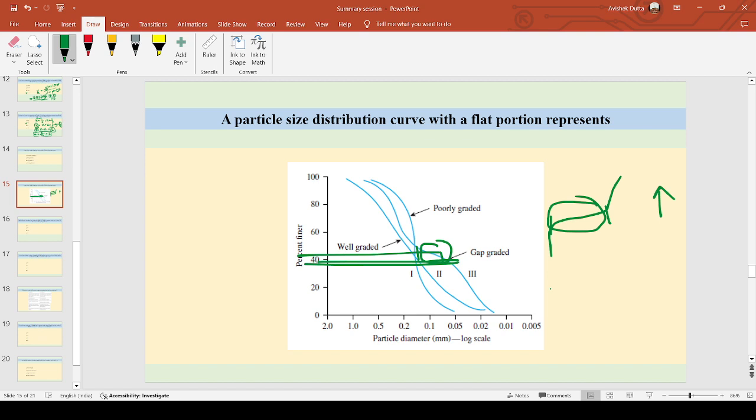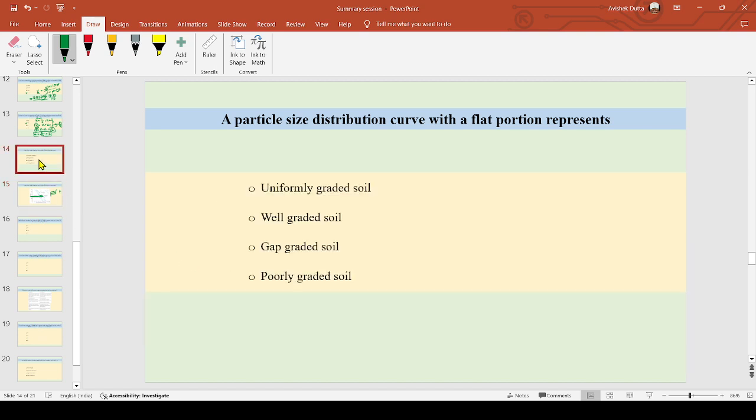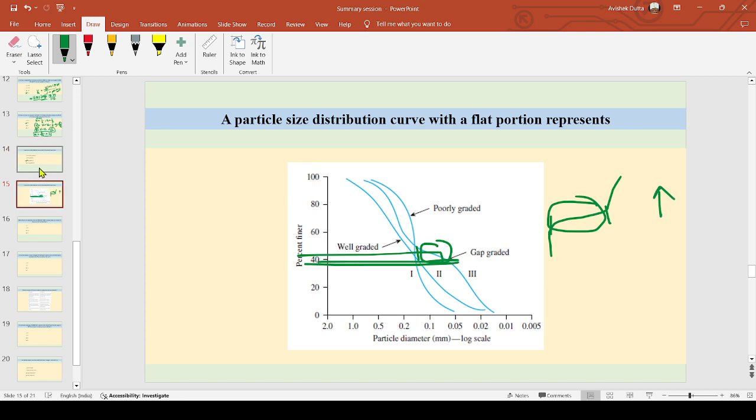What is the meaning of poorly graded soil? Same size of particles. And what is uniformly graded soil?